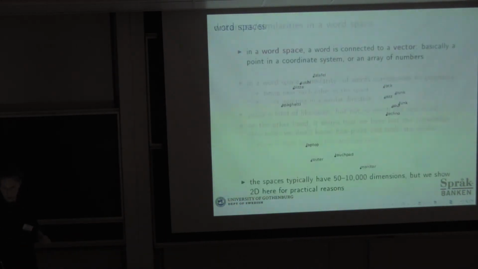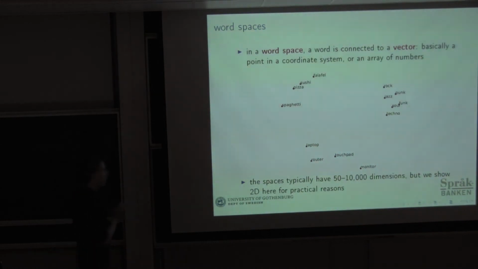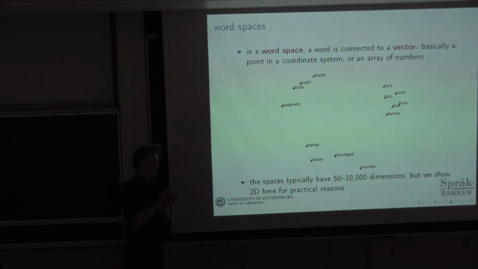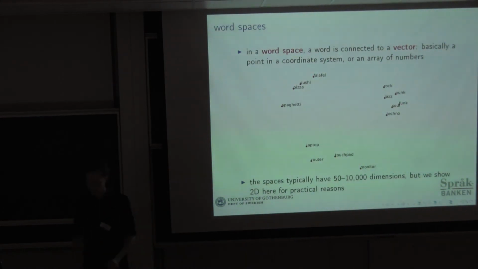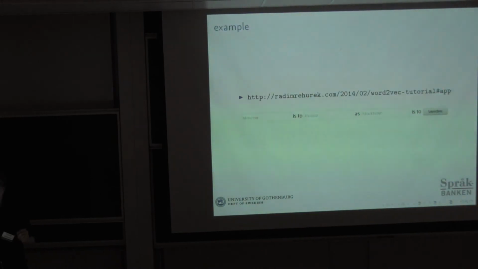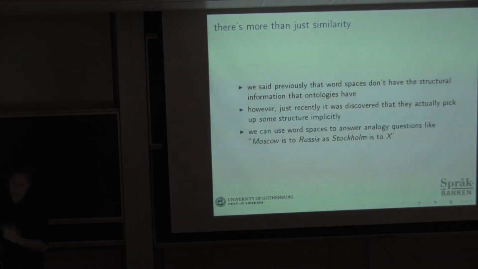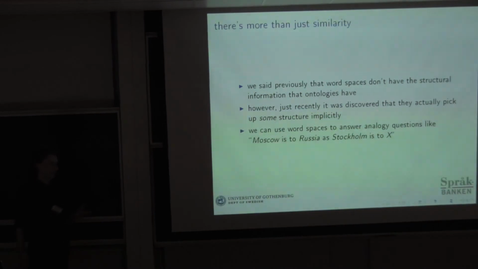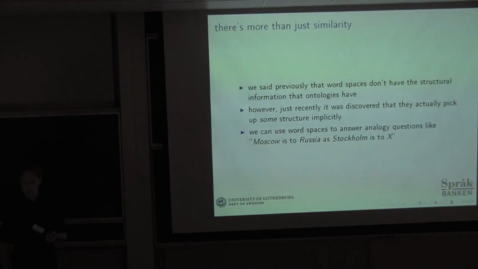But if you just care about similarity in itself, then there are tests, just like I said. There is something called WordSim 353 or something like that. It's exactly what I said: we say that pizza and sushi have a number of 6. Then for the second thing that I told you about, Moscow is to Russia, Stockholm is to X, Google has released their own test set.